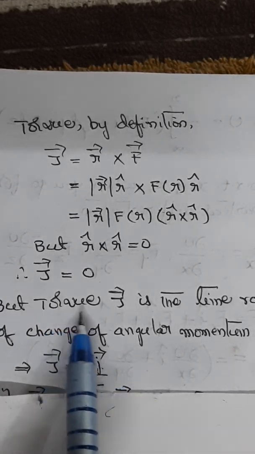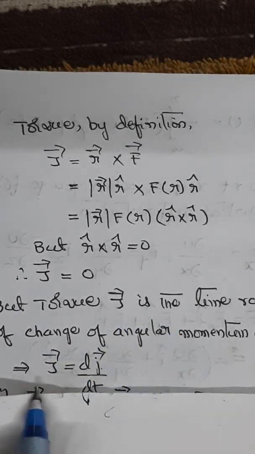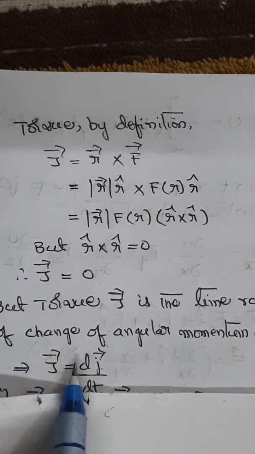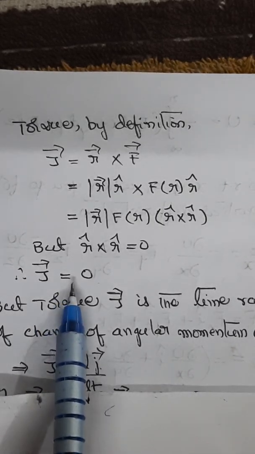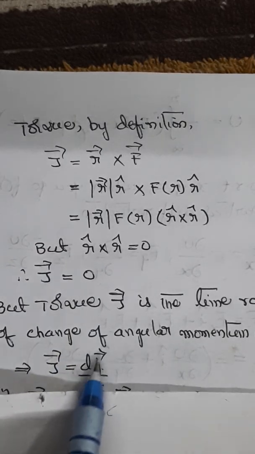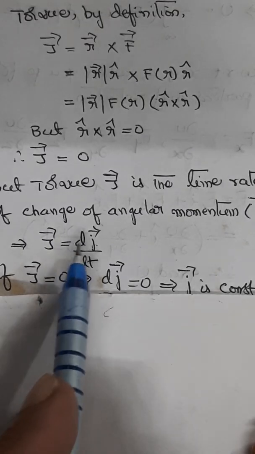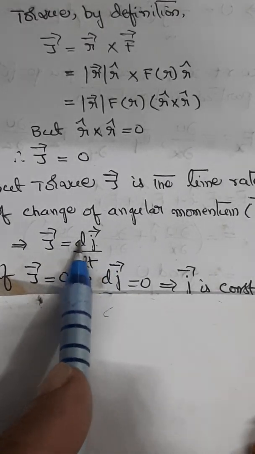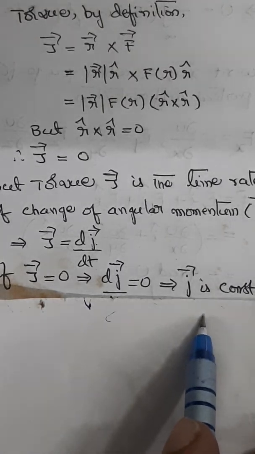So since torque is the time rate of change of angular momentum, in a central force environment it will be represented as tau equal to d by dt of J. Tau equal to 0 means d by dt of J equal to 0. Is it not? d by dt of J equal to 0 means dJ equal to 0. That means J is a constant.